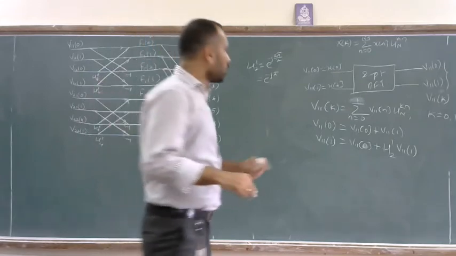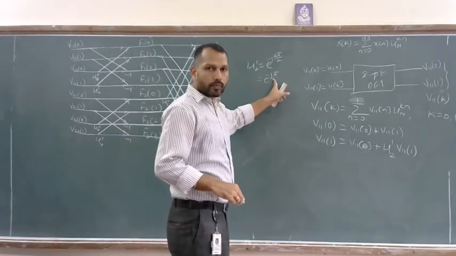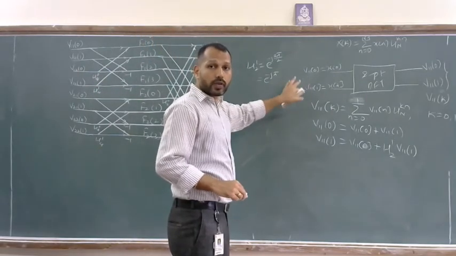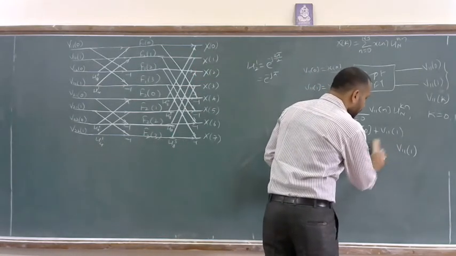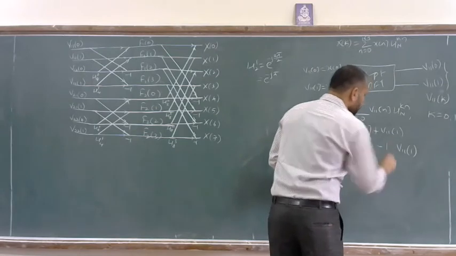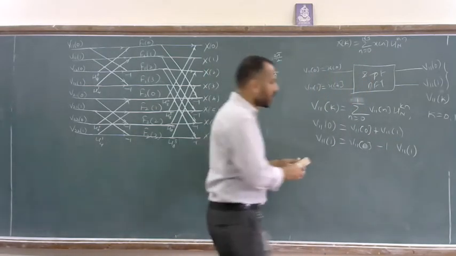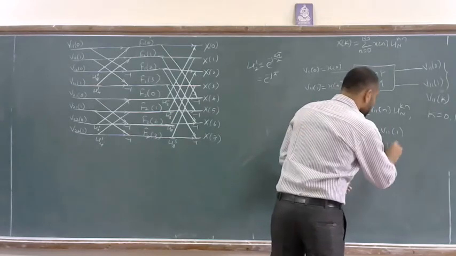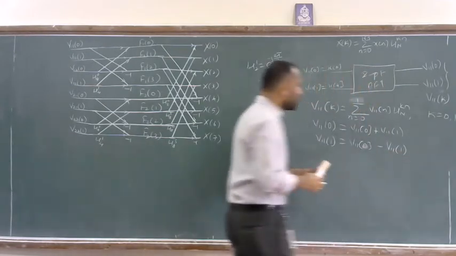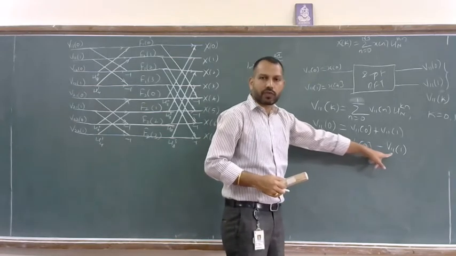Cos of pi will be minus 1, so this will be minus 1 always. So instead of W2 to the power 1 we include minus 1, multiplied by V11 of 1. So the second equation will be V11 of 0 minus V11 of 1.